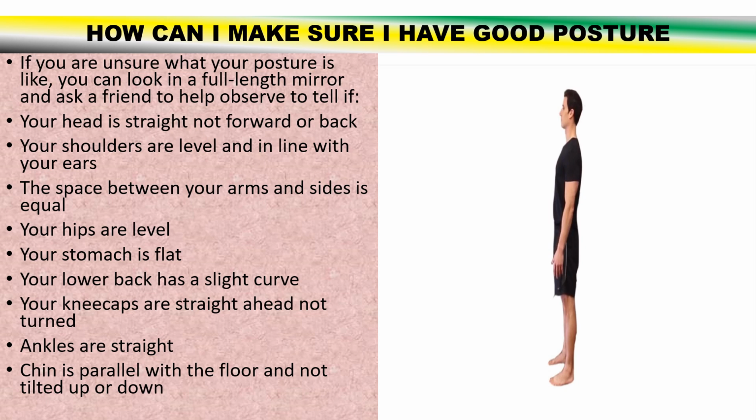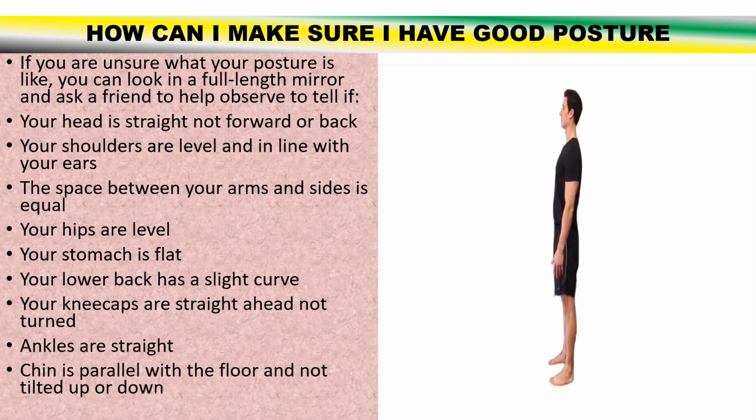The space between your arms and sides is equal. The space between your arms and the sides of the shoulders is equal. Your hips are level. Hips must be level, not bent, right?